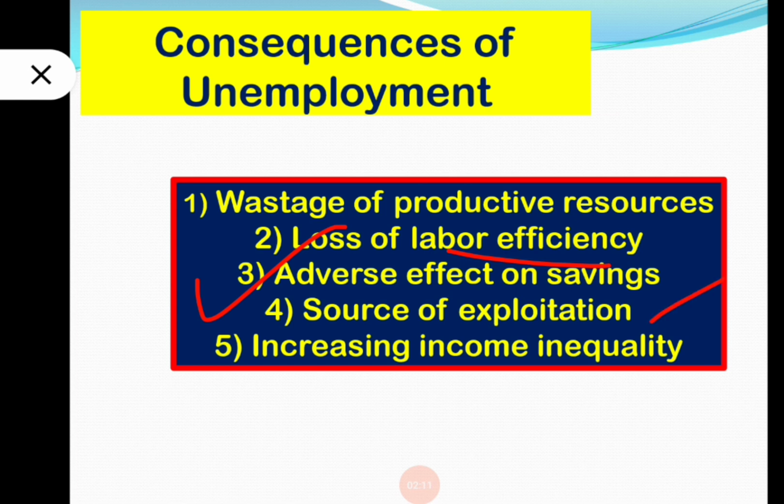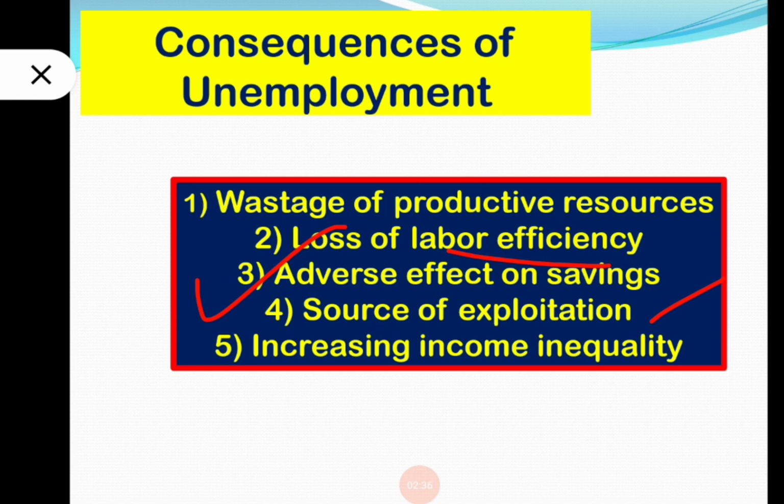Now, going to the fourth point, source of exploitation. Unemployment leads to oppression and exploitation, and during the period of unemployment, competition for the limited jobs leads to depressed wages. Employers are able to exploit the workers by giving them lower wages and by making them work for longer hours.